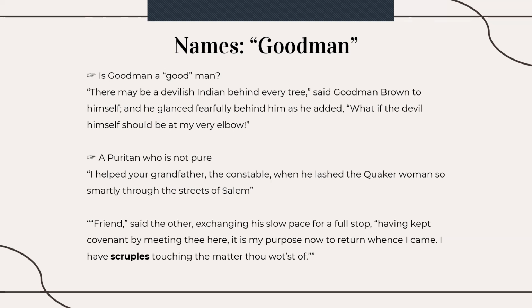There may be a devilish Indian behind every tree, said Goodman Brown to himself, and he glanced fearfully behind him as he added, what if the devil himself should be at my very elbow? Yeah, so in this passage, one of the interesting points is that Brown is scared, right? He fears Native Americans, and these Native Americans are depicted as a threat from nowhere or a threat from everywhere.